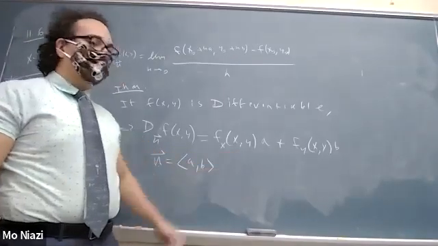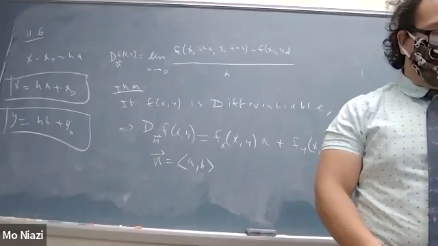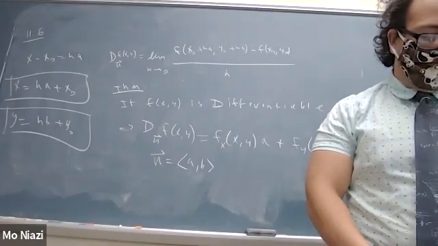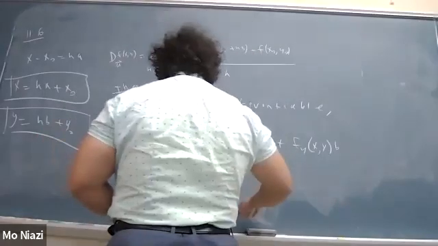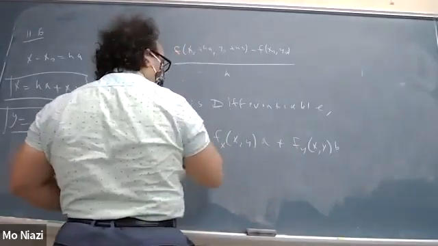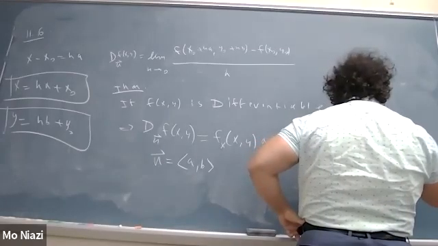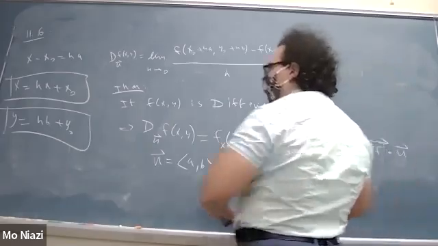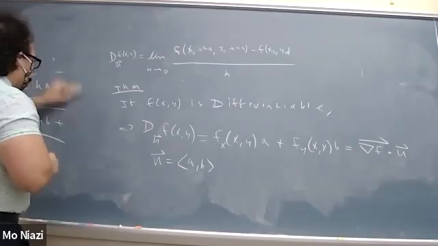So notice that this is like a dot product between u and the del operator. It defines the del operator, or the gradient of f. So this right here is equal to the dot product between the gradient of f with this unit vector u. Now let me define formally again what the gradient vector of f was.